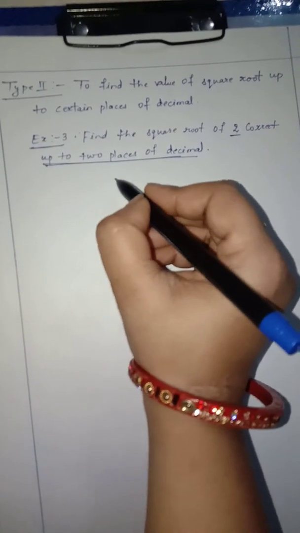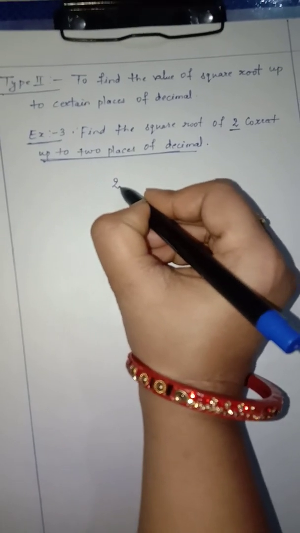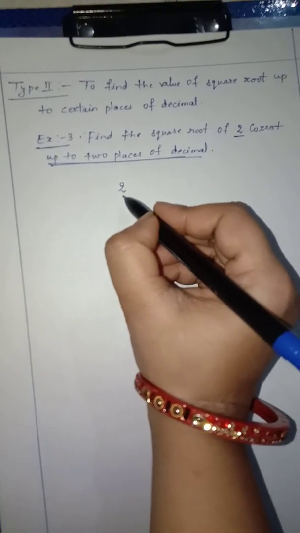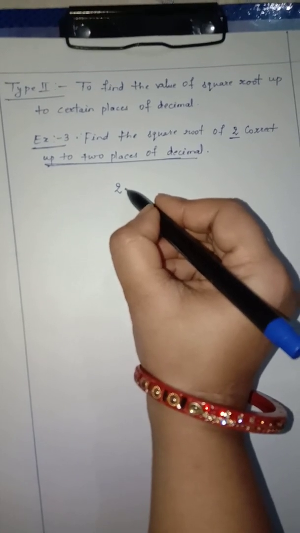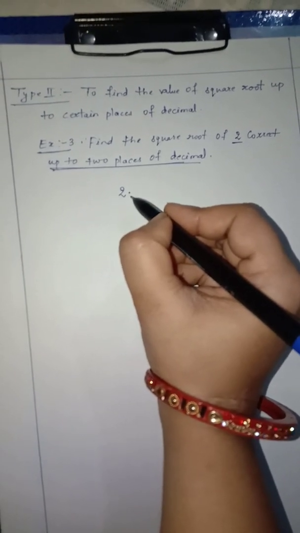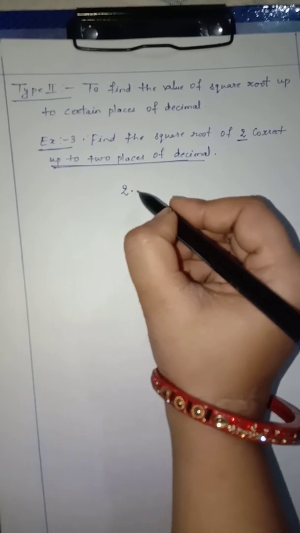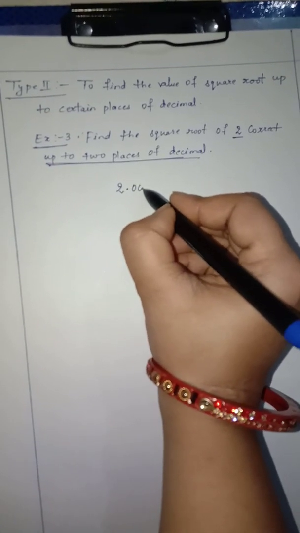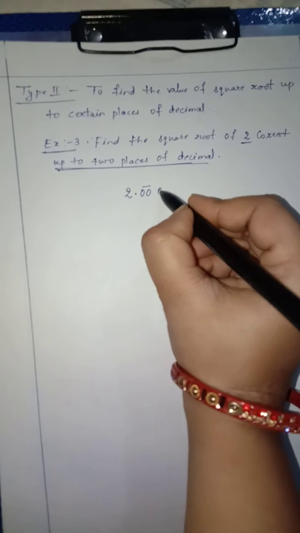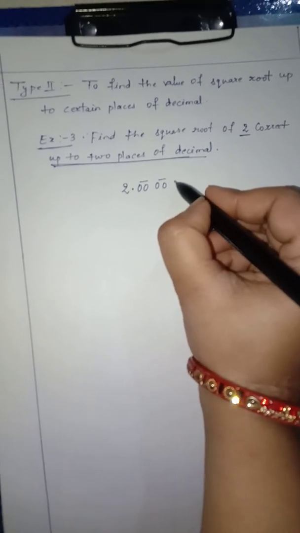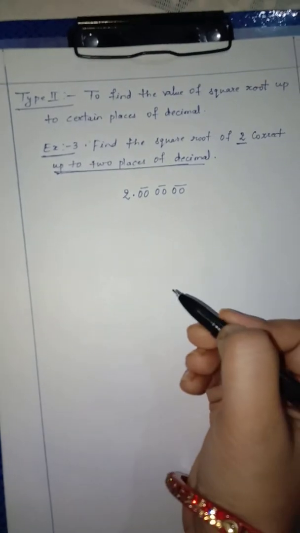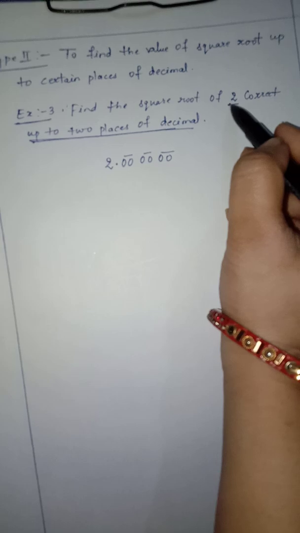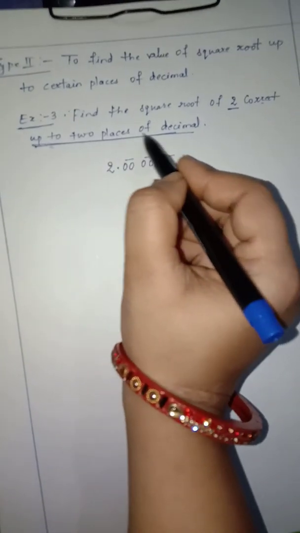After a natural number we know that a decimal follows, so 2 point, this is the first pair, second pair and third pair of zeros, because we have to find correct up to 2 places of decimal.